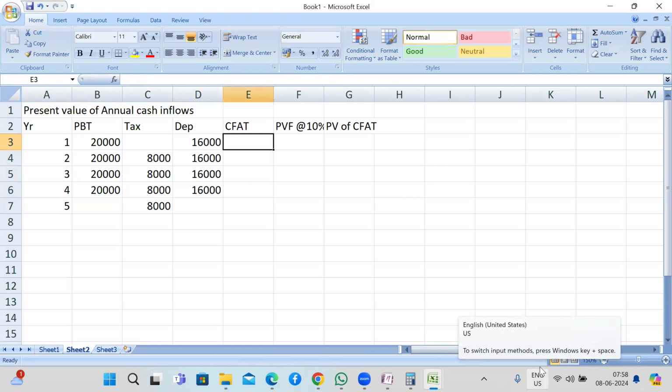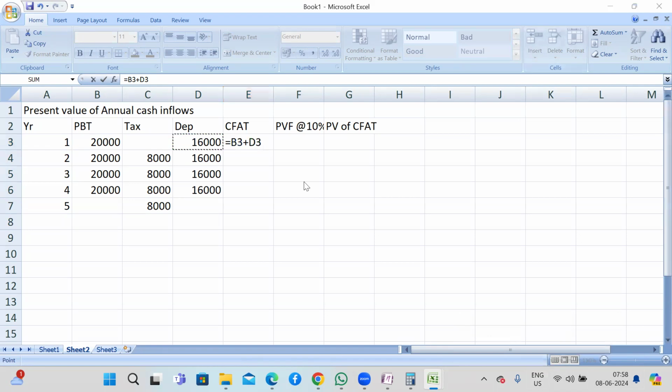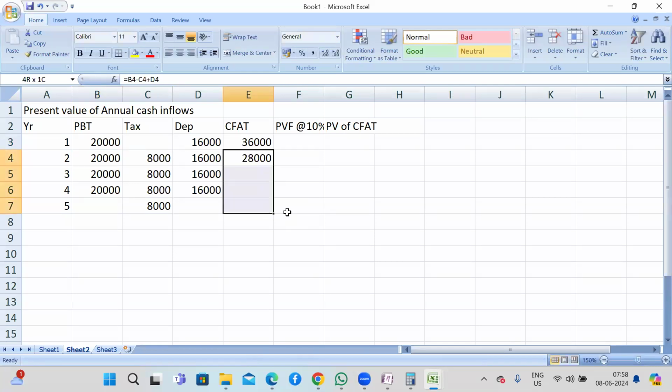So now I'm going to calculate cash flows after tax. So 20,000. I want to add back this depreciation because this is a non-cash item. So 36,000. Here in the same way, 20,000, I want to pay tax minus tax plus 16,000, so 28,000.